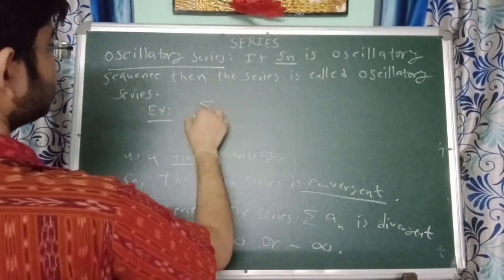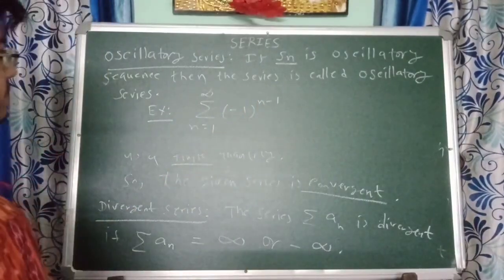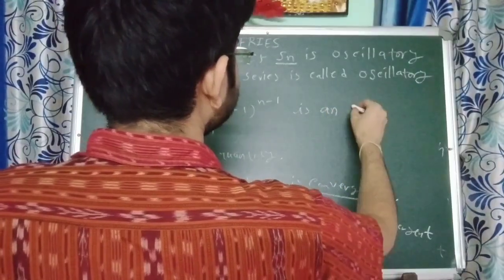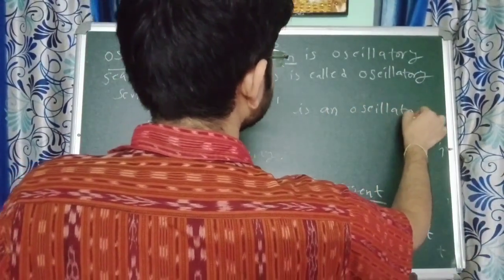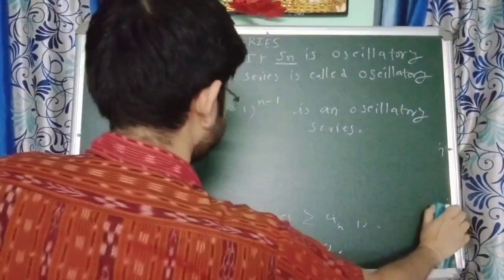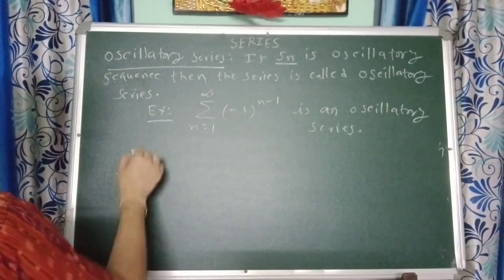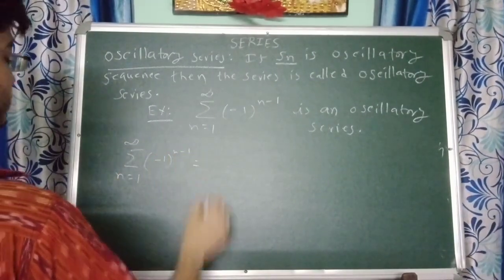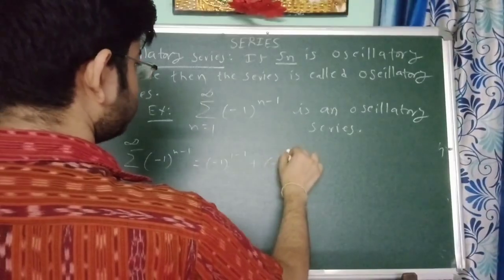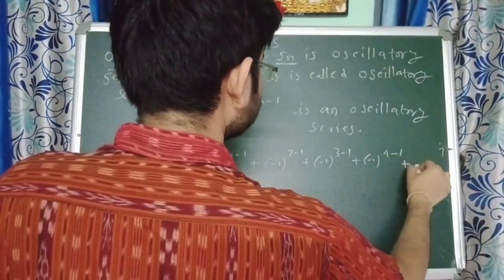Example: the summation n equals 1 to infinity of (-1) to the power n minus 1 is an oscillatory series, since, putting n equals 1 first, we get 1, minus 1 to the power 2 minus 1, plus (-1) to the power 2 minus 1, minus 1 to the power 4 minus 1, and so on.